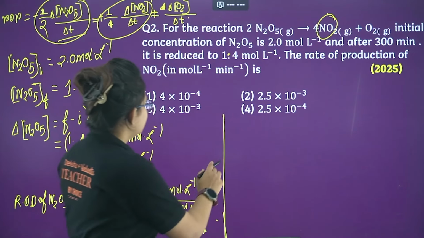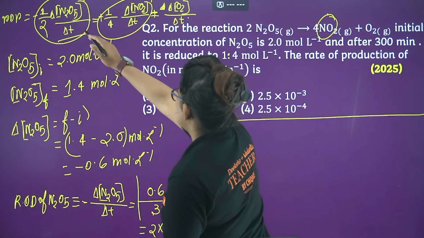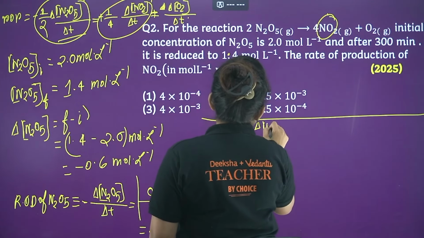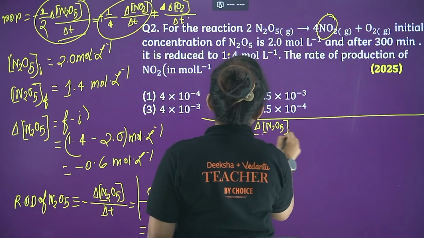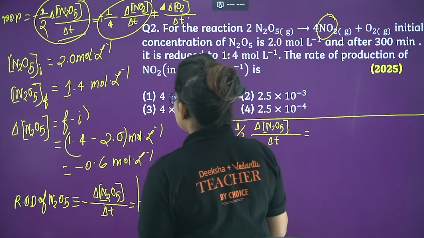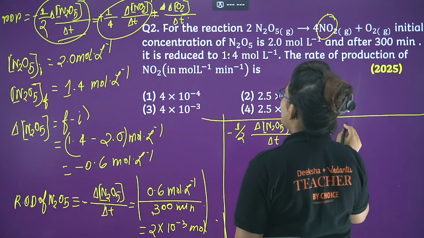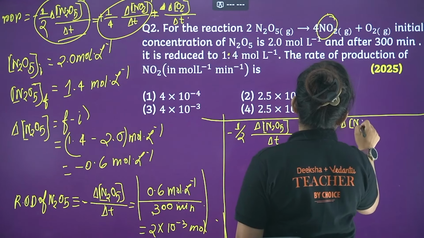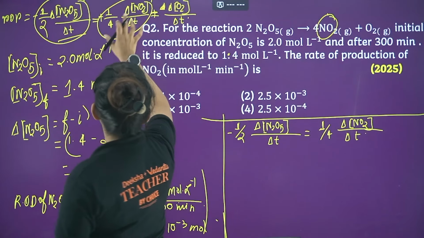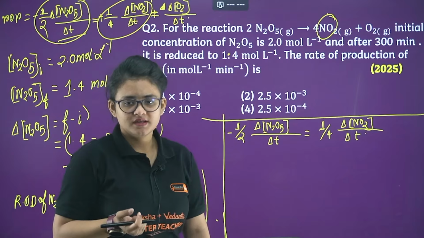So I have this term, 1 by 2 of delta N2O5 divided by delta T equals, here one minus sign was there, 1 by 4 of delta NO2 divided by delta T. Any two parts I can equate on the basis of my need, right?